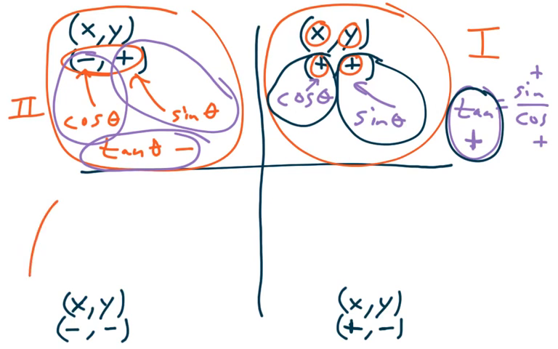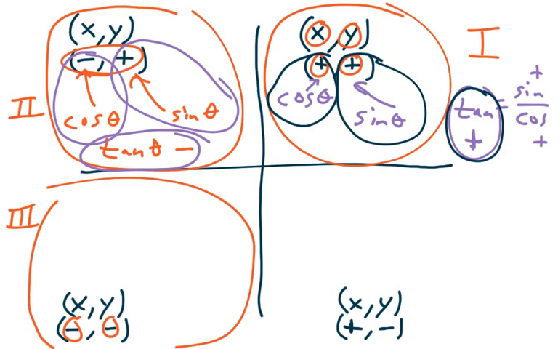Let's go on to quadrant 3 down here. Aren't x and y both negative values? Of course they are. So therefore, sine is going to be negative, cosine is negative, and tangent, whenever I do negative divided by negative, I know is going to be positive.